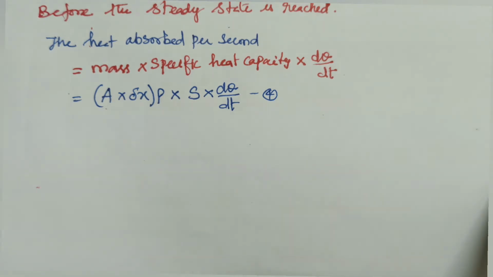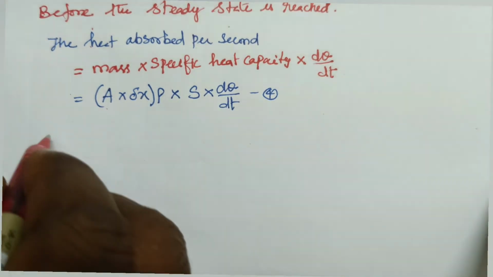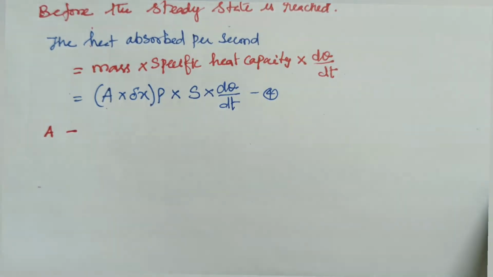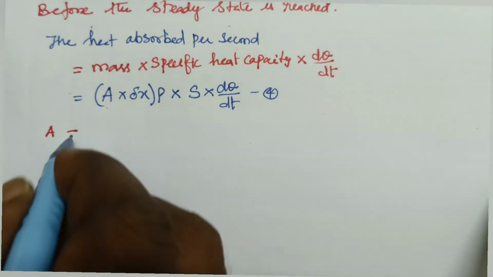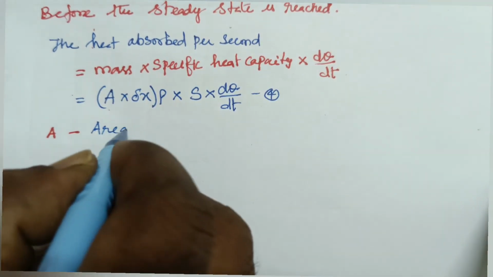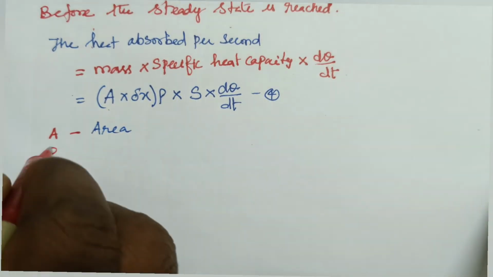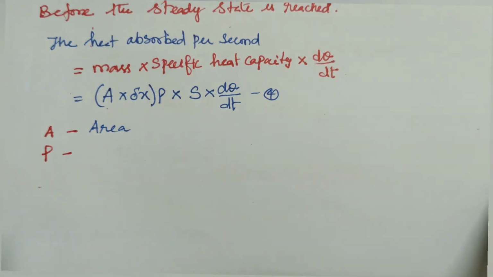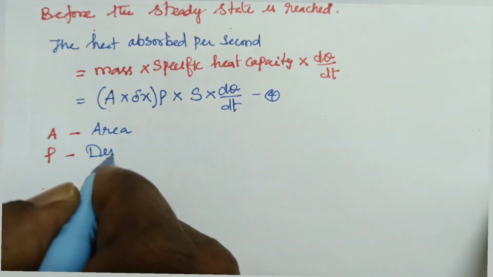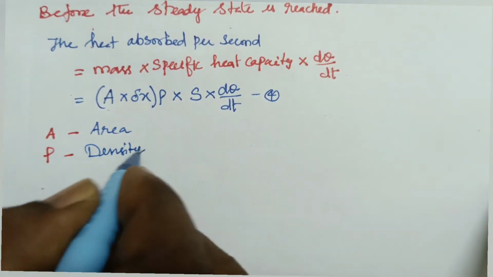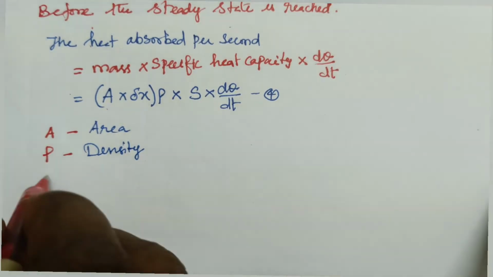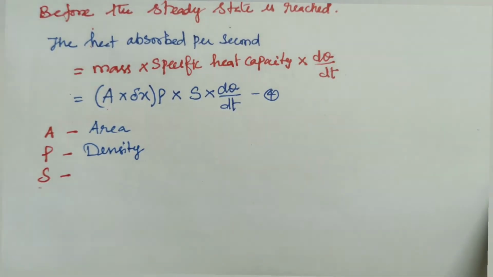Here what is A? A is area of cross section. Rho, density of rod. What is S? Specific heat capacity.